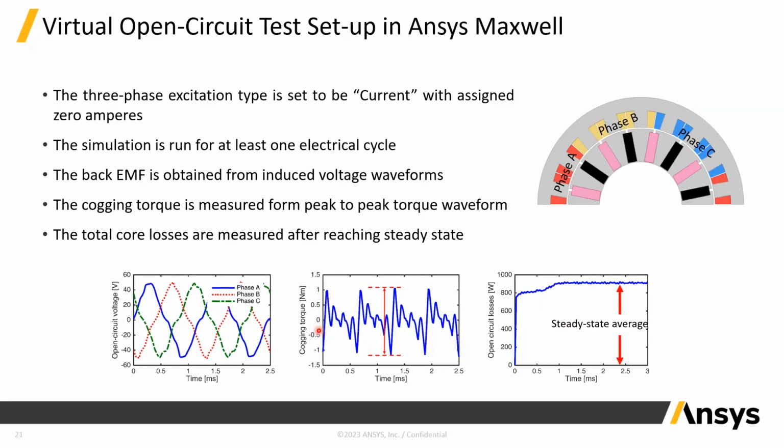And this is a very typical virtual open circuit test: how to set up a 2D or 3D open circuit test for a given electrical machine configuration, and how you use the transient solver to simulate the back EMF to obtain the voltage waveform, the cogging torque, and the core loss.